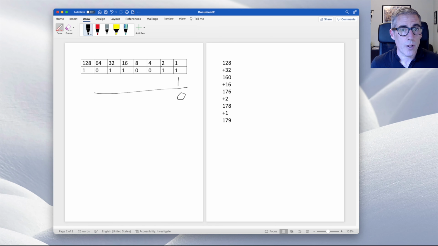And then we carry the 1. 1 plus 1 is 0. Carry the 1. Now we have a 1 here, a 0 here, and everything else stayed the same, 1, 0, 1, 1. So being able to count in binary is important. Let's just go through over here. So I will erase all of this.